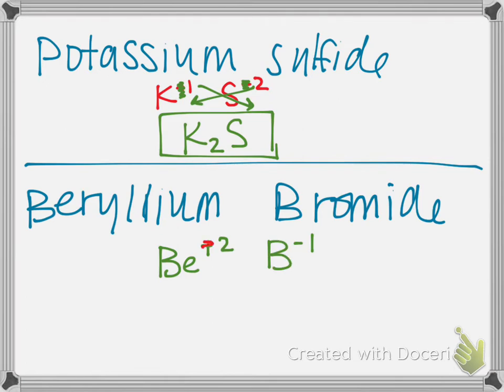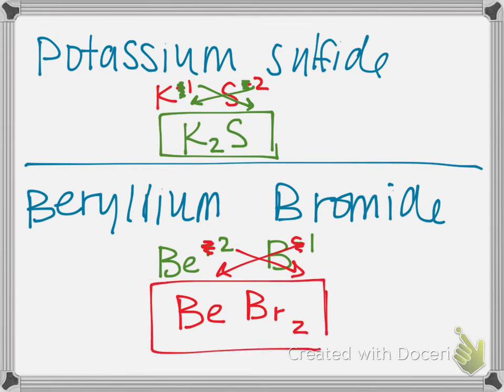I get rid of the plus and minus, I crisscross them down, that leaves me with Be1Br2, but I know if there's a 1 there, I leave it off, so it's BeBr2.